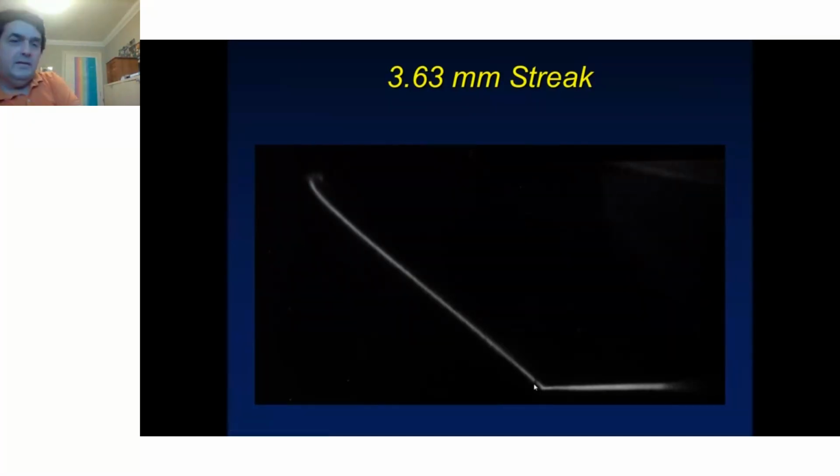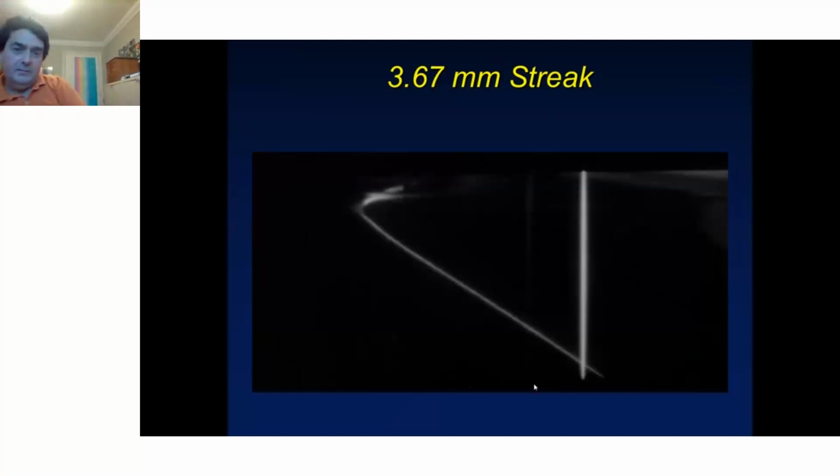If you make it slightly thicker and go to 3.67, you see you have this gap here at the top. So the detonator was set up at that point there. You then see at some distance down the column that you get the detonation breaking out, and you have this reaction going back up into the unreacted material at the top of the column.